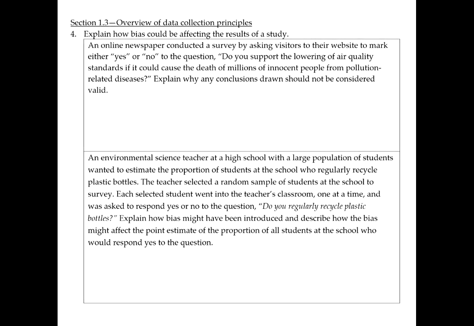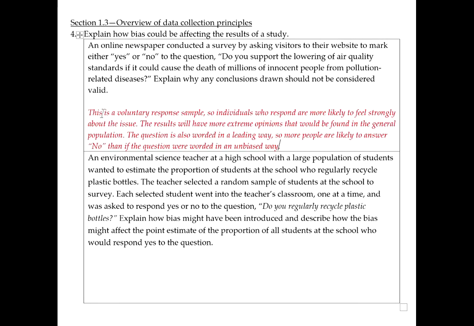And so this is an example where the types of responses that we get are more likely to be no. So the proportion that we would see would be higher for the no category than we might see if this were not a voluntary response sample and if the question were worded in an unbiased way. So I'm going to just add that explanation in here so that you can read it on your own as you are reviewing this video.